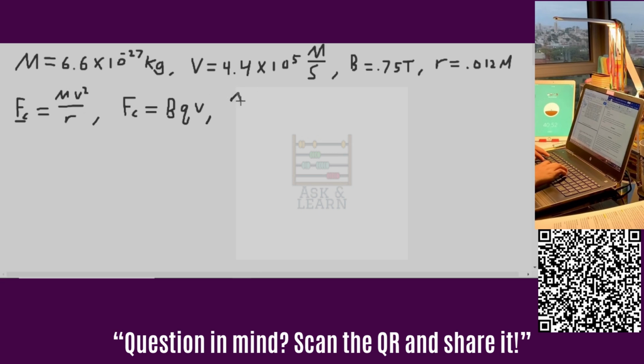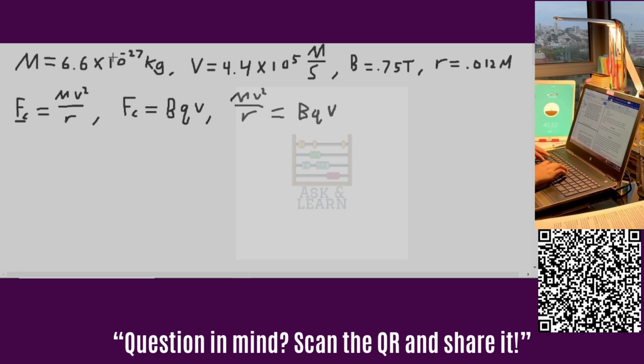So we have mv squared divided by r is equal to the other right-hand side, B times q times v, magnetic field times charge times velocity. Now, I know algebra can be a little scary sometimes, but this saves us from having to plug in all of these numbers twice.